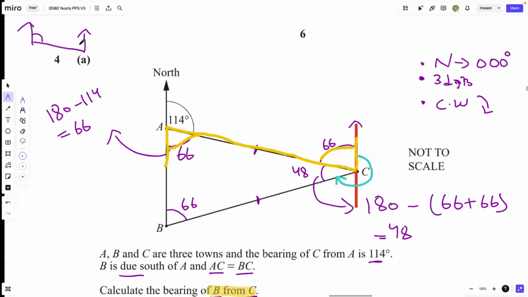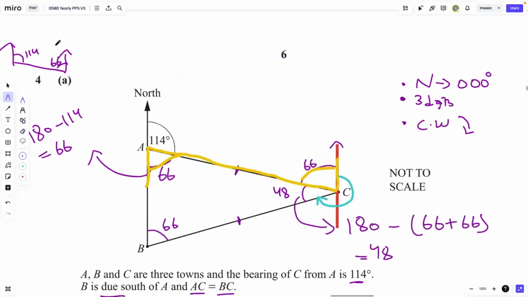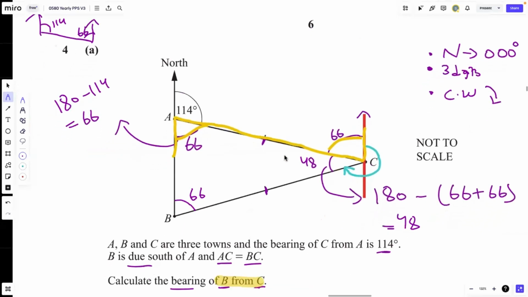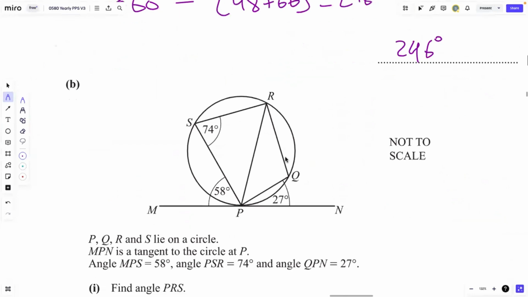Angles between two parallel lines, the interior angles, are supplementary, adding up to 180. So that's 114 plus 66 adding up to 180. That's another way you could have seen that.